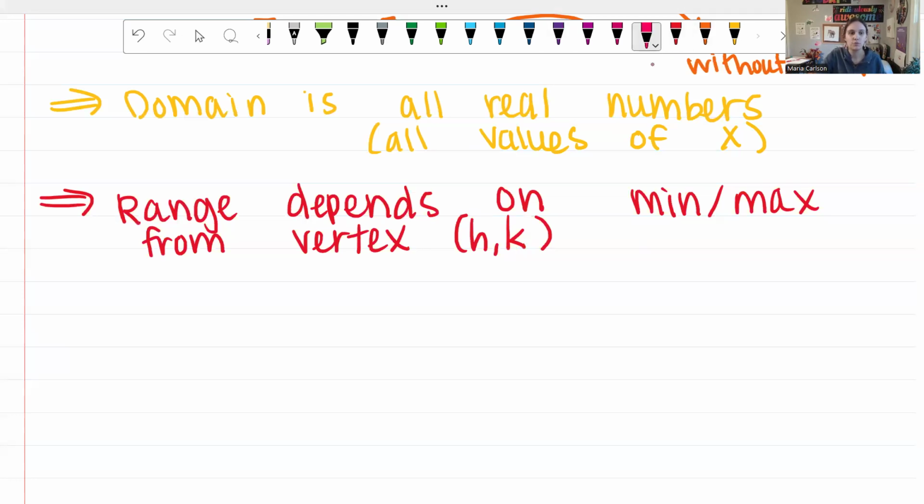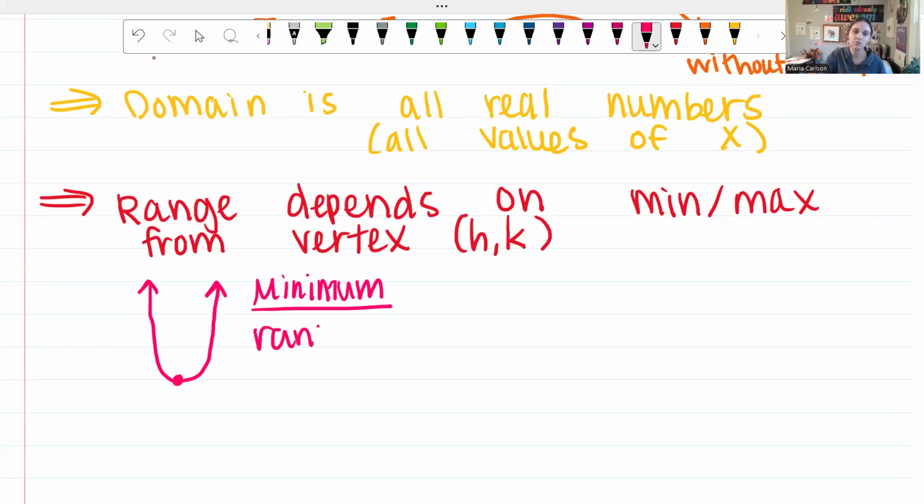Now, if you have a parabola that is pointing up, then you have a minimum value. Minimum. And your minimum value tells you then that your range is all of the y values that are above this point.